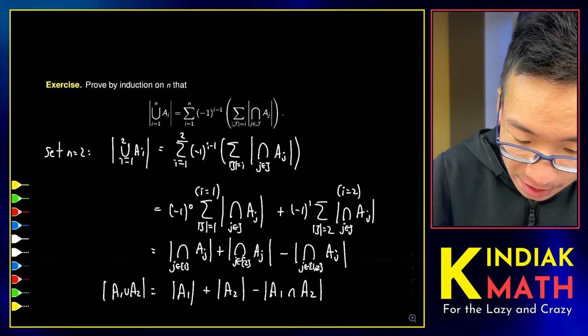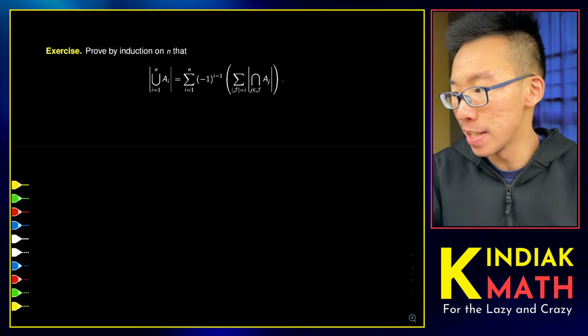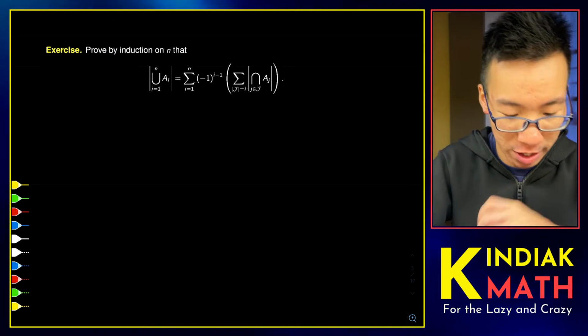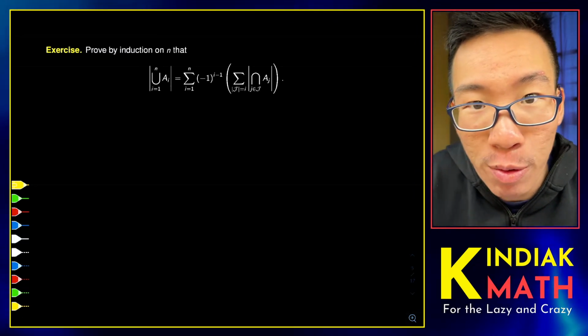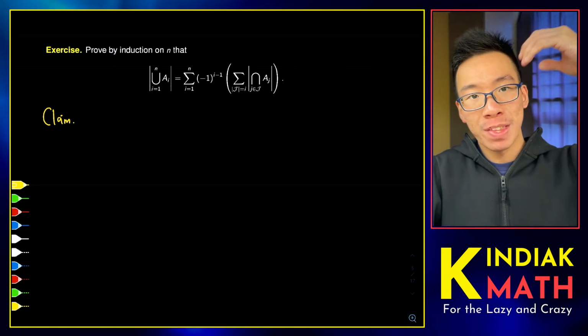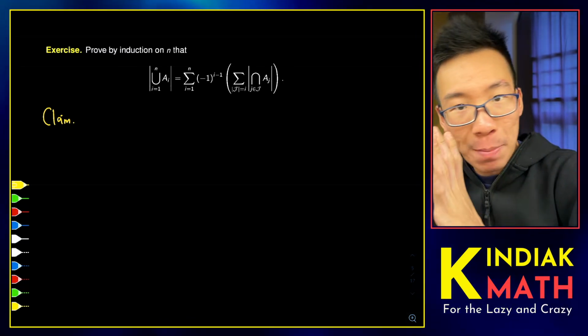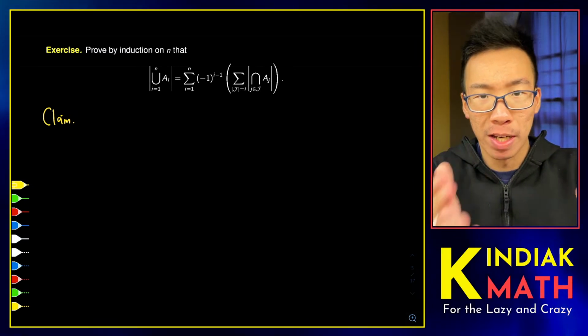And yes, this is the inclusion-exclusion principle for n sets. But as you can see, it's a really unwieldy expression. So there's actually a much more useful expression for us. I'm going to express this in both the number of elements approach as well as the expression you would probably see more often in probability.